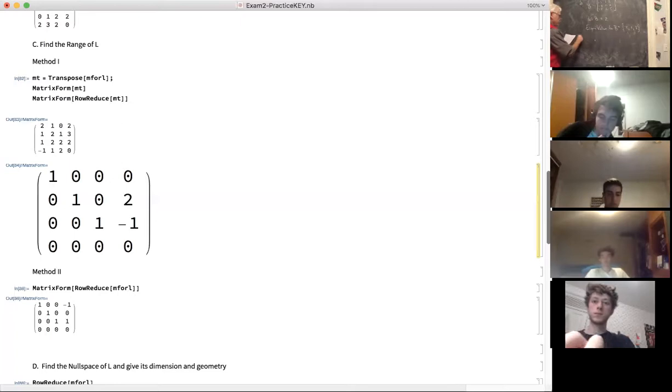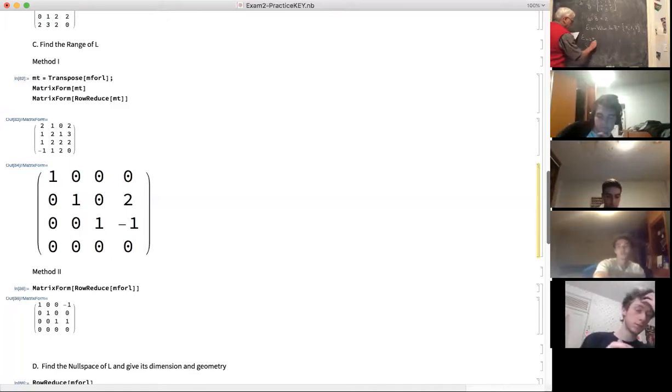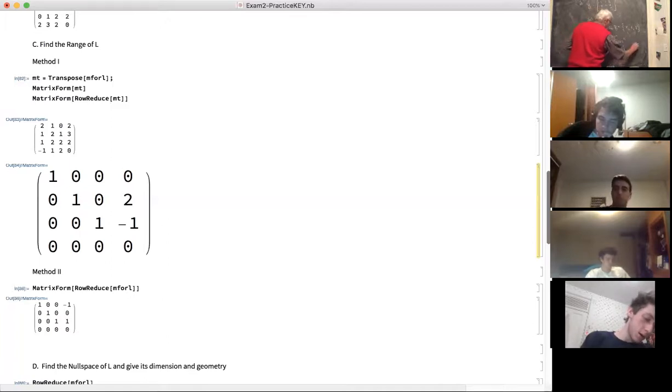But now the eigenspaces for B: the eigenspace for lambda equals 2 is the span of a single vector, 1, 1, 2, and the eigenspace for lambda equals 1 is the span of 1, 0, 2 and 1, 4, 0.